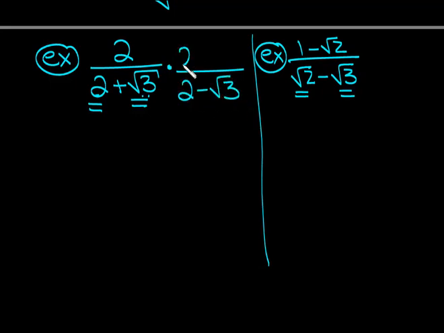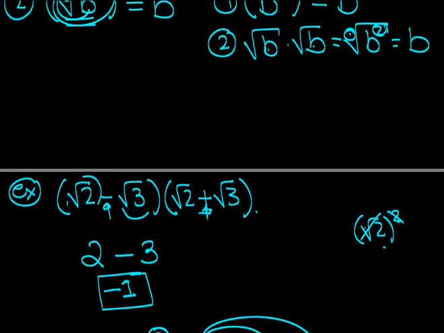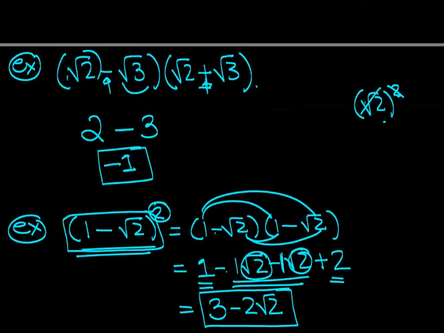Since we're doing the bottom, we also have to do the top. Then we can go ahead and distribute on the top. So we get 4 minus 2 square root of 3. On the bottom, we can go ahead and distribute, or you can do what we did earlier with conjugates. Remember the trick I showed you with conjugates. When you multiply two conjugates, you just take the square of the first minus the square of the second.